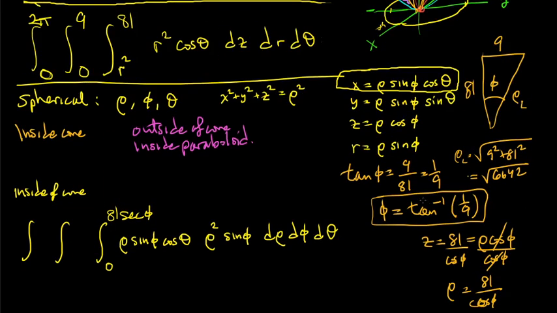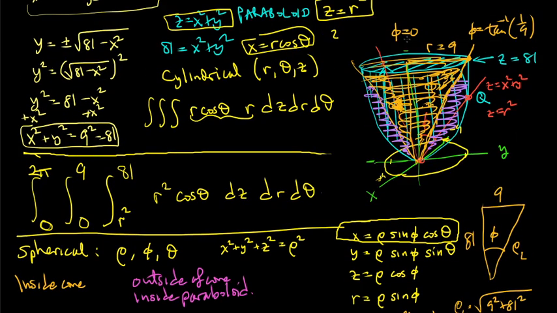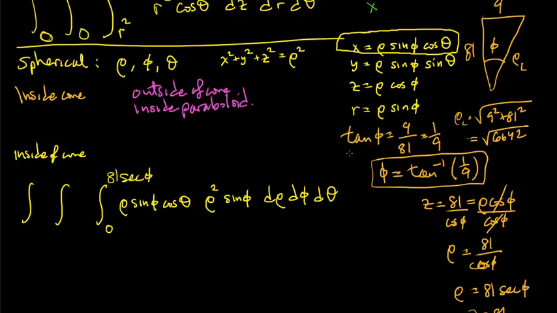Okay, so that's rho. What about phi? Well, we're on the inside of the cone, so we certainly start at phi equals 0, and we want to end up at the surface of the cone, which is this angle here, inverse tangent of 1 over 9. So phi goes from 0 to inverse tangent of 1/9. And finally theta.